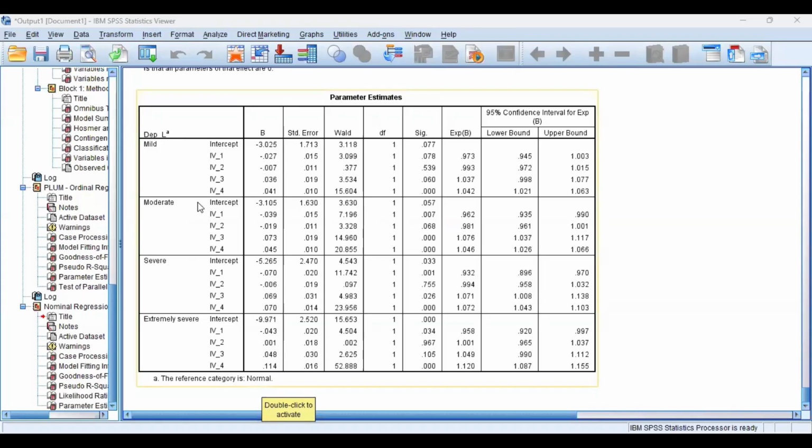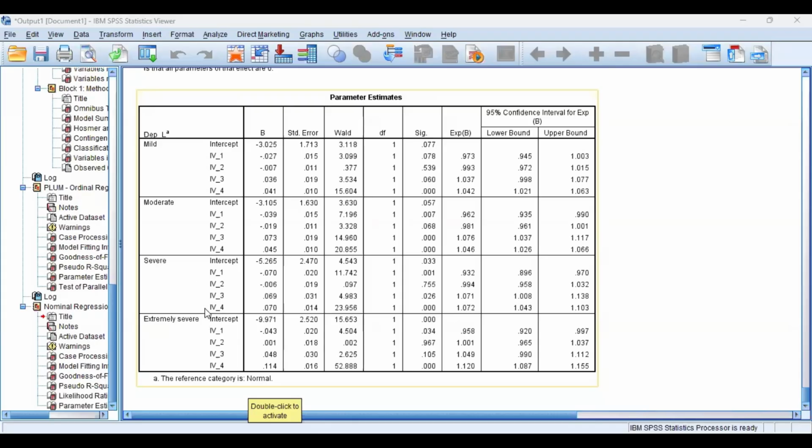For example, let me interpret another level. Here we have a significant result again for IV4. That means that higher levels of IV4 can significantly increase the odds of having severe levels of depression compared to normal levels of depression. That means that this is a pathological variable, and it can be something like anxiety.